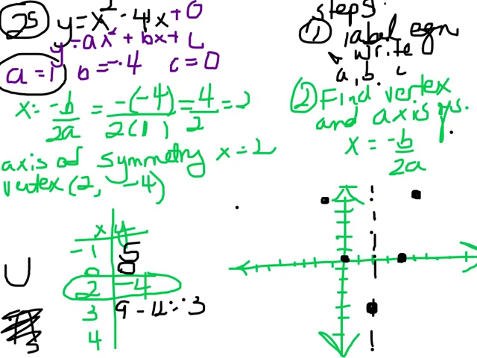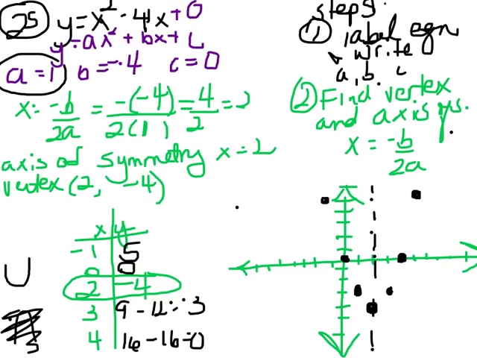So at 3, I'm at negative 3, which would be about here. And since I got a point 1 over from the axis of symmetry on the right, I can put another one the same distance over across the other side of the axis of symmetry. And then 4. 4 squared is 16, minus 4 times 4, which is 16, would be 0.